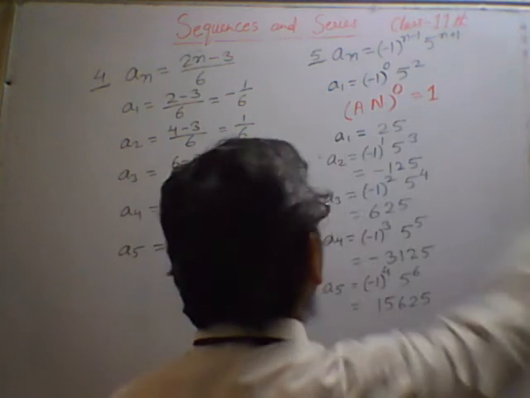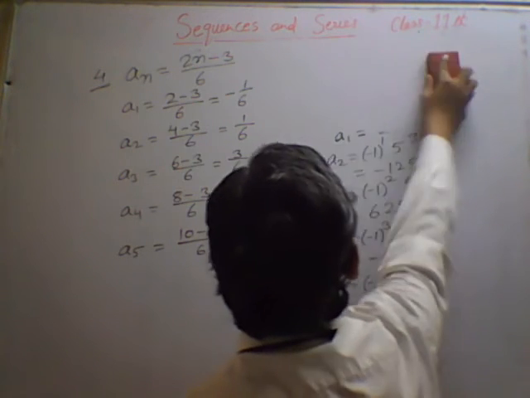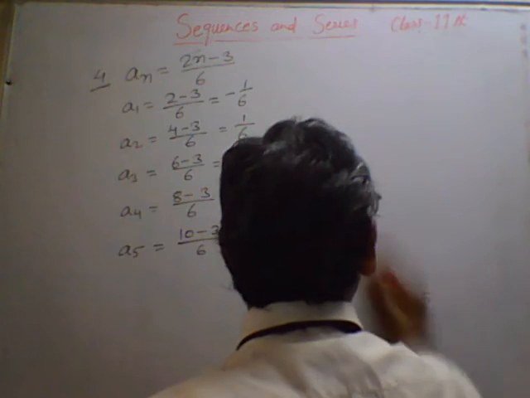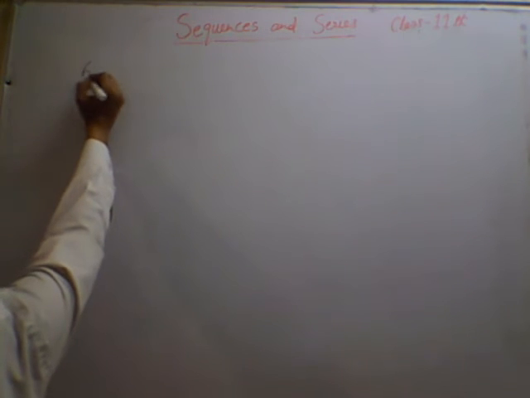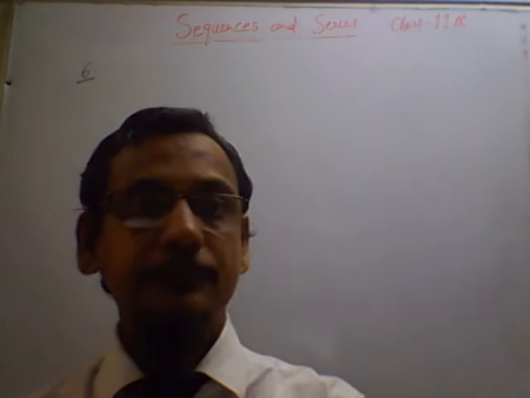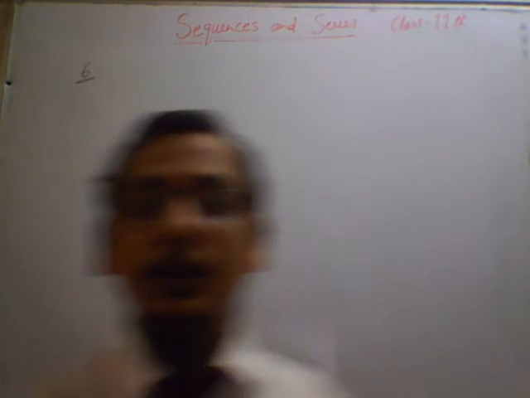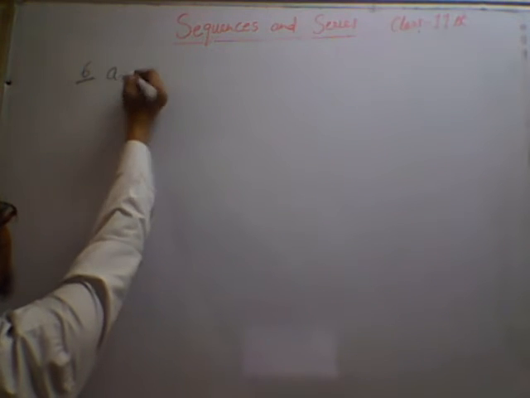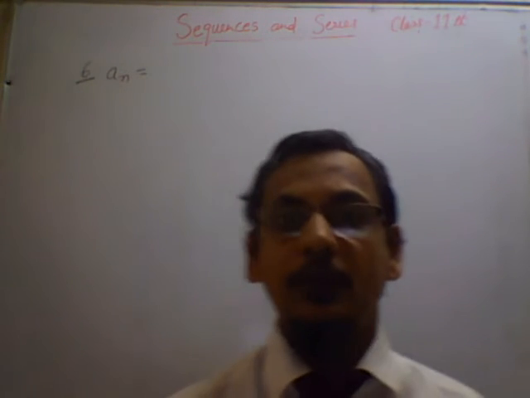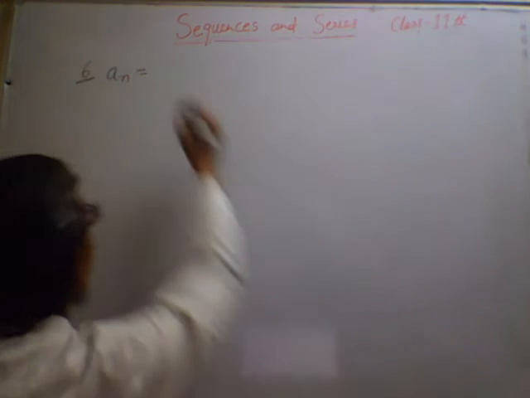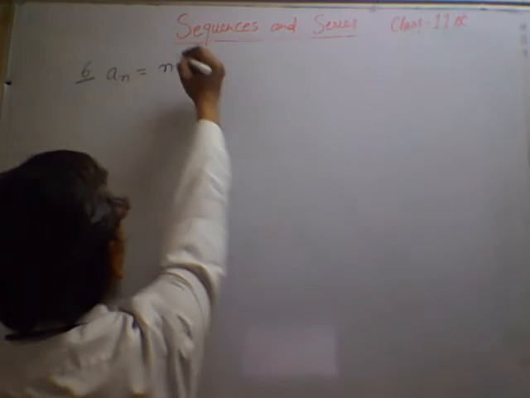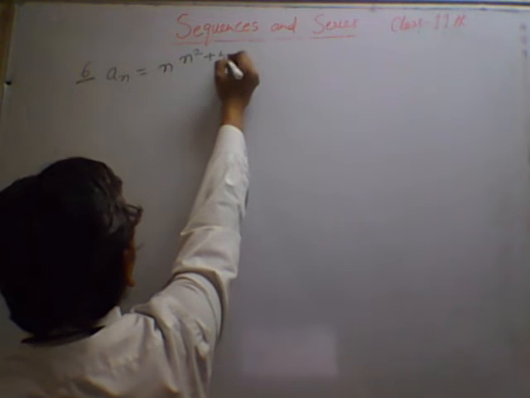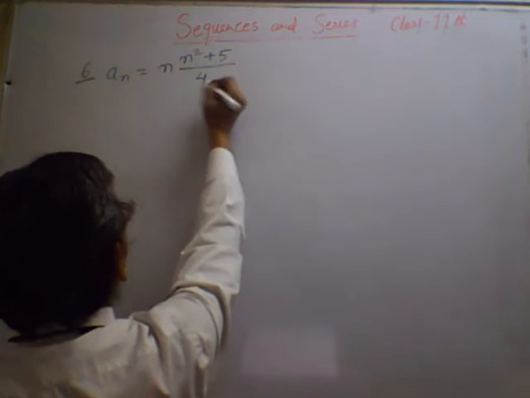We will take question number 6. An equals n multiplied by n square plus 5 over 4.